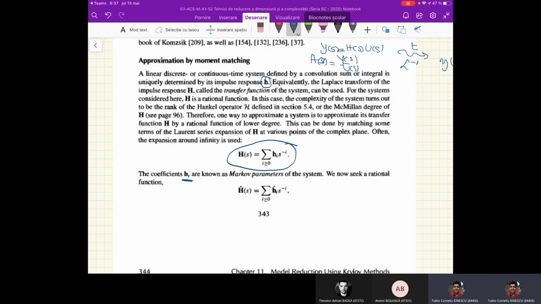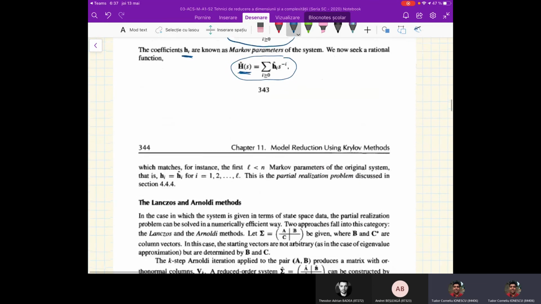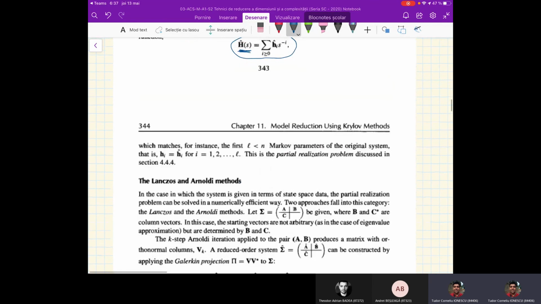Then you seek a new function h hat of smaller Macmillan degree, or dimension of the system, that has the identical Laurent series expansion. If you want these two functions to match, you impose this matching condition.